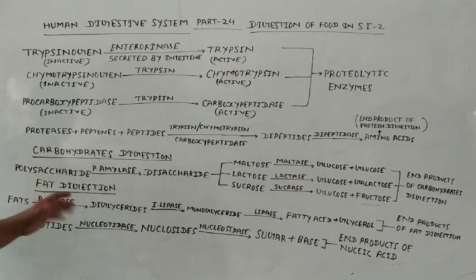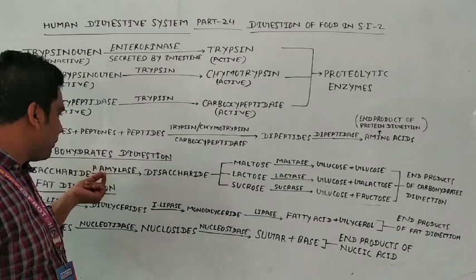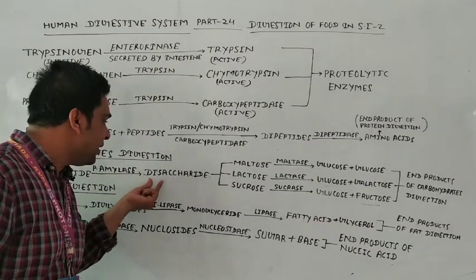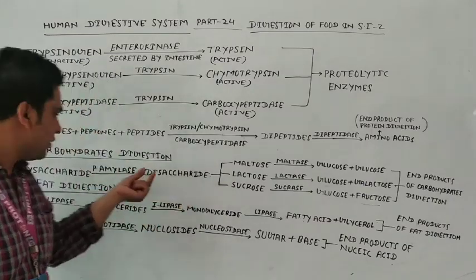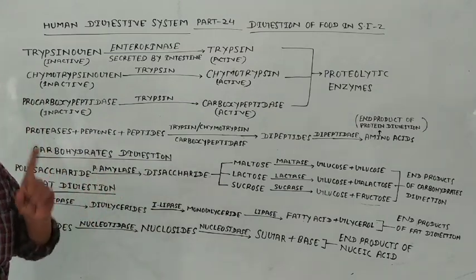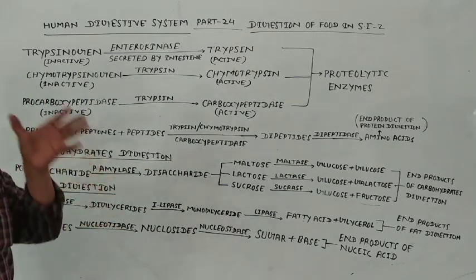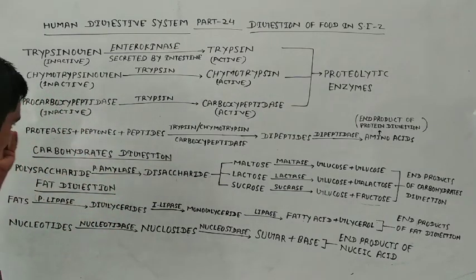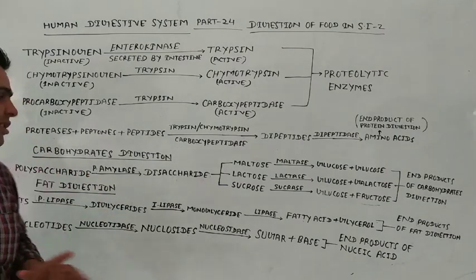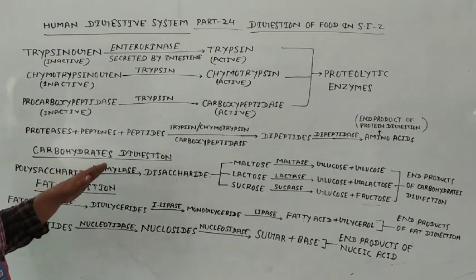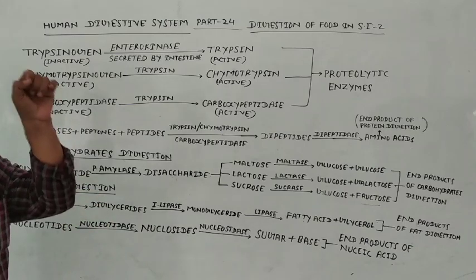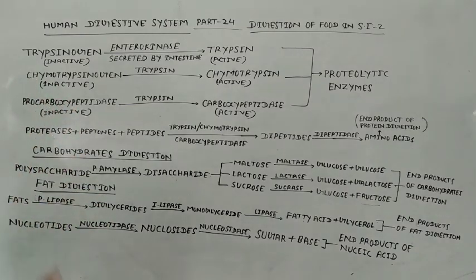Clear, students? So this is the form of our sugar. So polysaccharides get converted by pancreatic amylase into disaccharides. Pancreatic amylase is the enzyme which digests the carbohydrates in our small intestine. We have already discussed that some enzymes are found in our pancreatic juice, and some enzymes are found in our intestinal juice.